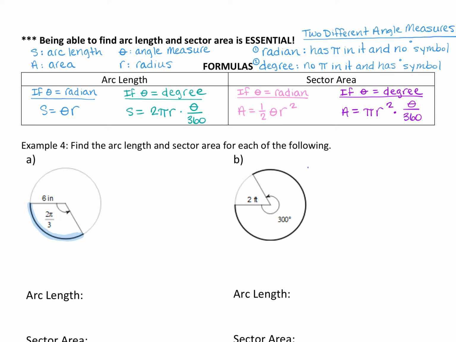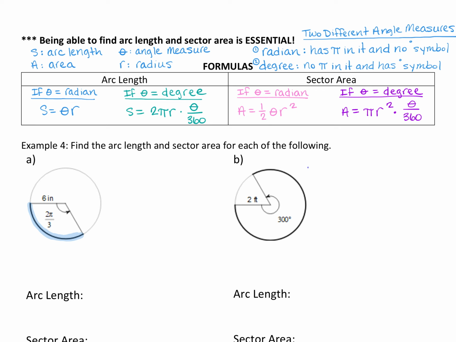These are the formulas for arc length, depending on whether we are given radians or degrees for our angle. It's important to remember that there are two different ways to measure angles. There's radians, which means if there's a pi in it, it most likely is a radian, and there's no degree symbol. And then it's a degree if there's no pi in it and it has a degree symbol.